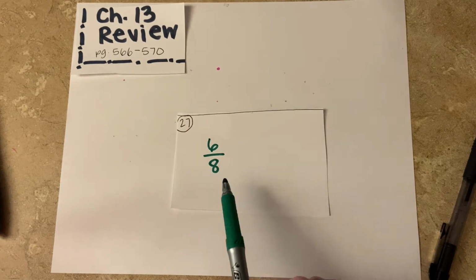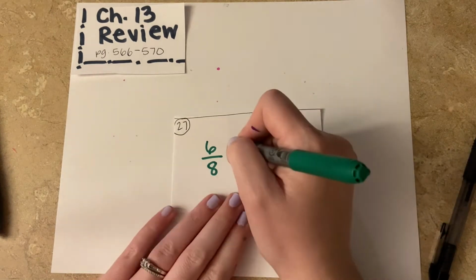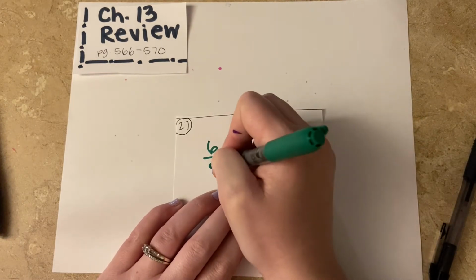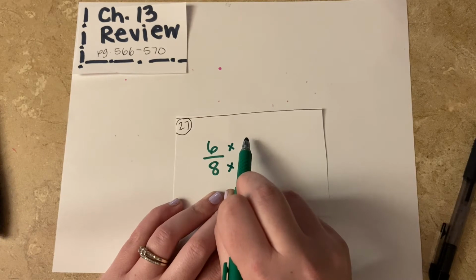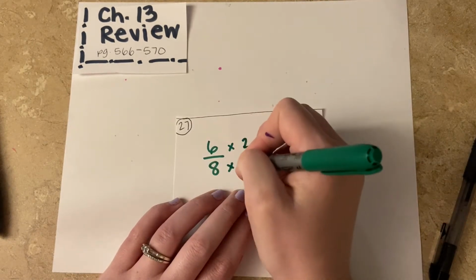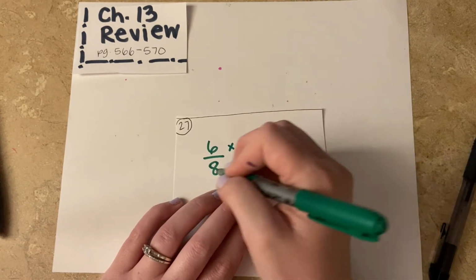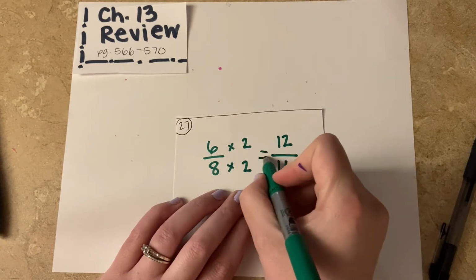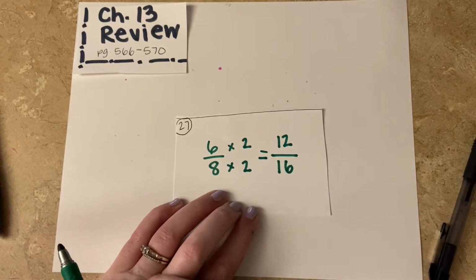So one way we could find an equivalent fraction is to multiply. Okay, so if we're going to multiply to find an equivalent fraction, we have to multiply the same number to our numerator and to our denominator. So I'm just going to choose 2. Okay, and I'm going to multiply 6 times 2, which is 12, and 8 times 2, which is 16. So that means that 6/8 is equivalent or equal to 12/16.